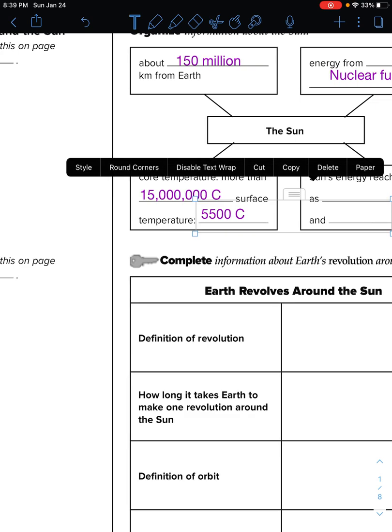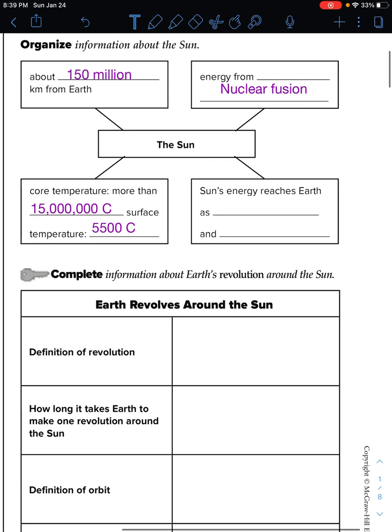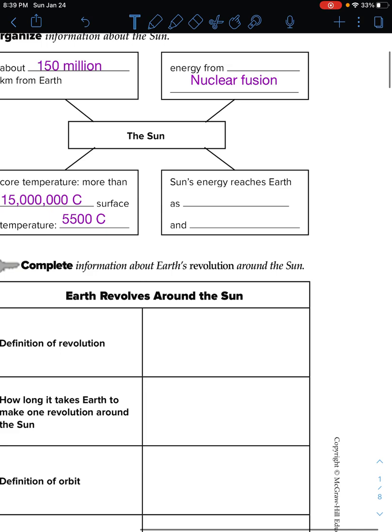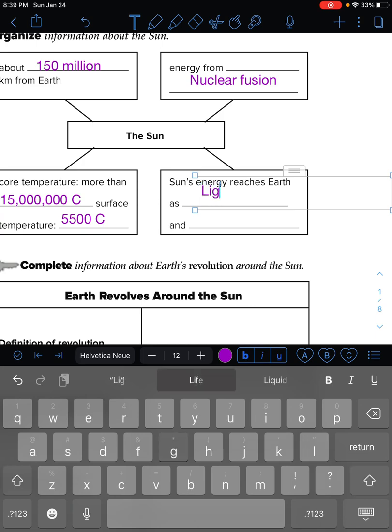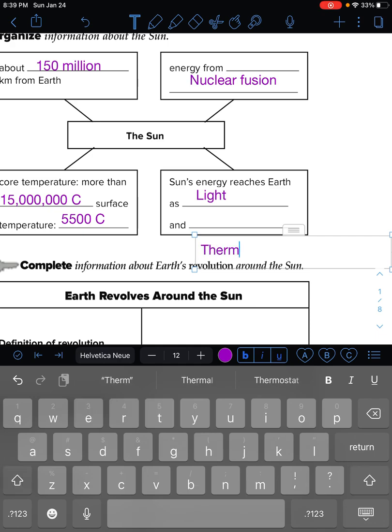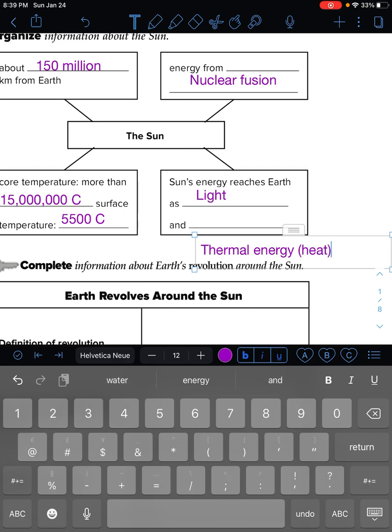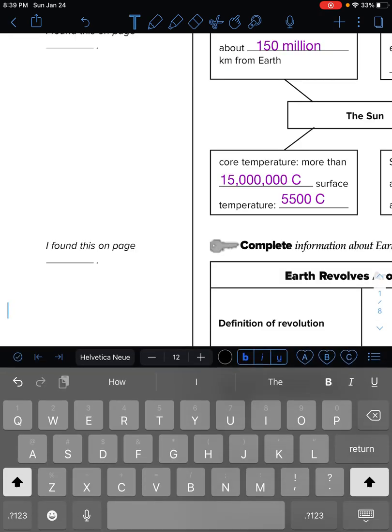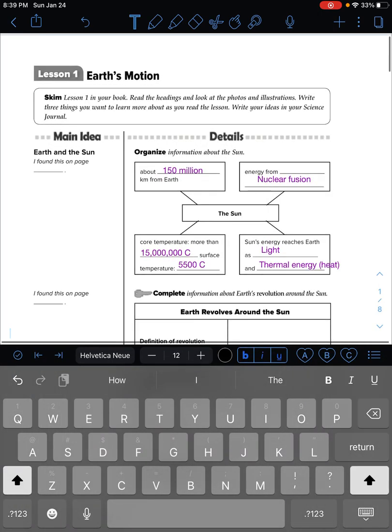Okay, there we go. I probably could look and find a degree symbol, but all right, so the sun's energy reaches Earth as, we know it goes as light and thermal energy, which, we know, is heat. Okay. All right. So we can stop there and make sure that we have all of that typed in.